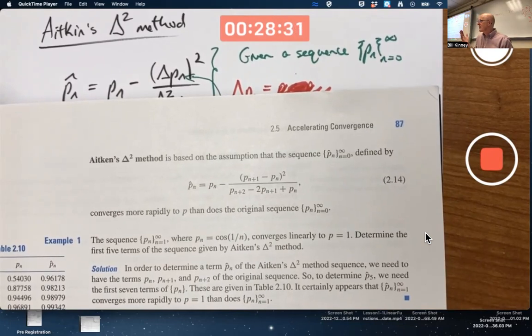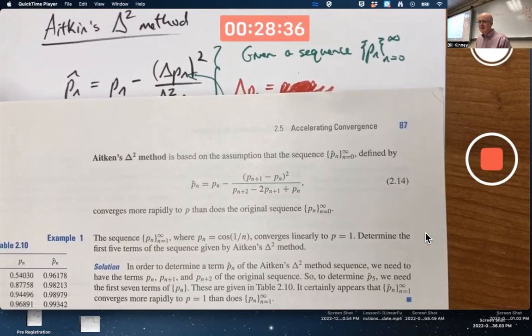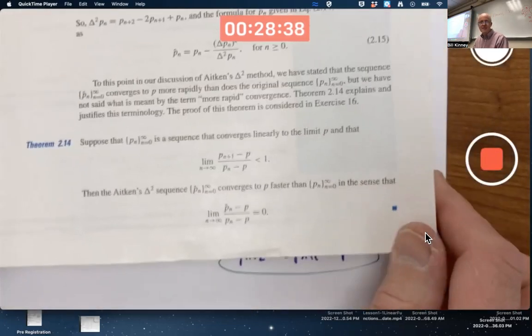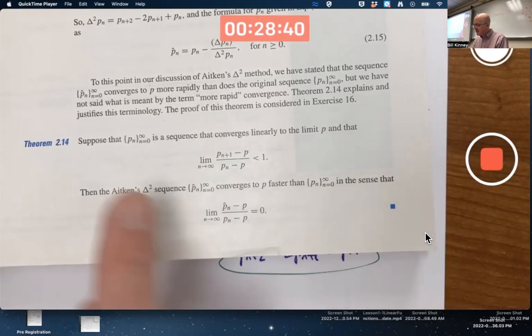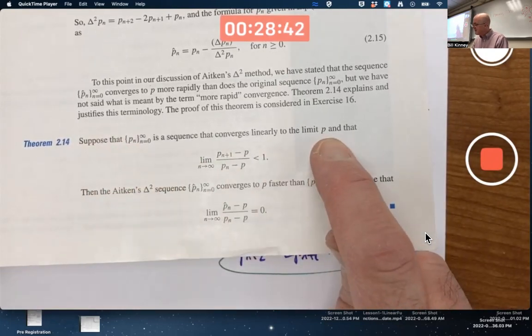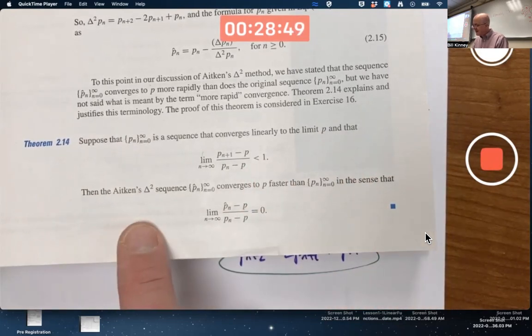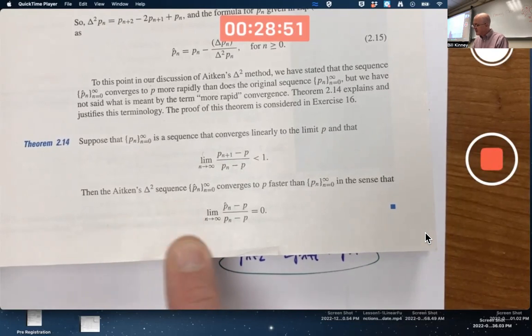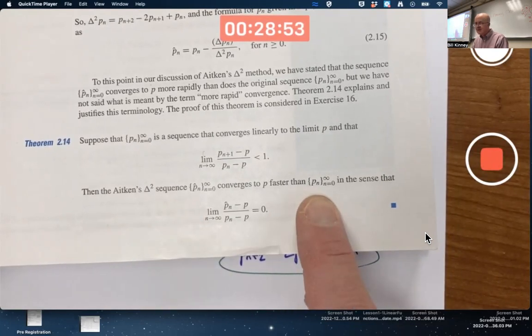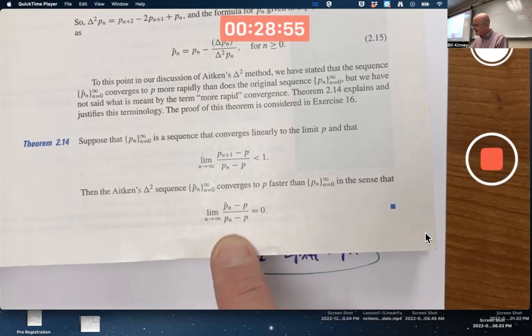What's the idea? Why in the world are we doing this? Again, the title of this section is Accelerating Convergence. This theorem says when you have a sequence that converges linearly to some number p, and if this inequality is true, then the Aitken's delta squared sequence converges to p faster than the original sequence, in the sense that this limit is 0.